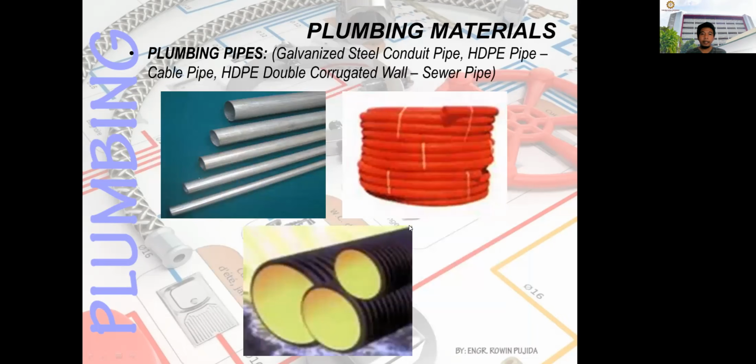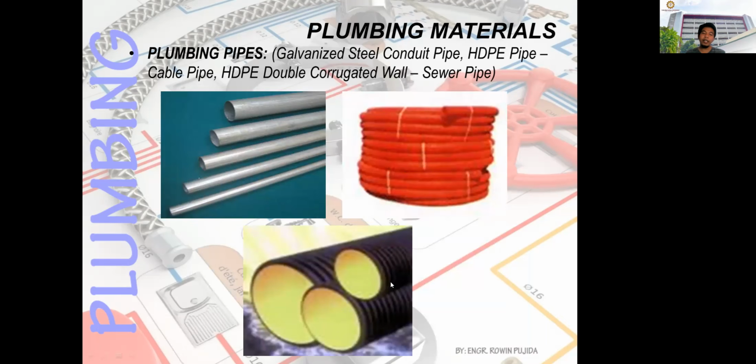Then also galvanized steel pipe and this is HDPE pipe cable. So this is used in electrical wires. Okay. And this one, you have the HDPE double corrugated wall.